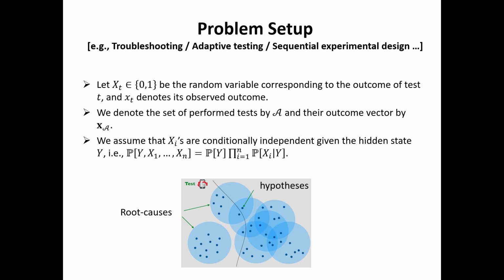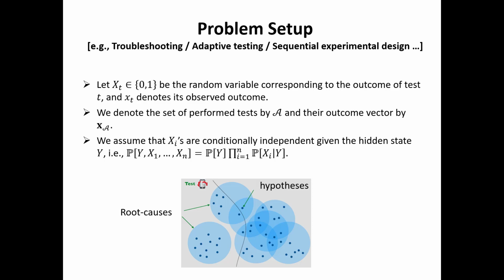We use XT, capital XT, to refer to the random variable which corresponds to the outcome of test t, and small xt denotes the observed outcome. And we might have performed a subset of tests shown by script A. Then we use vector x to represent the outcomes.